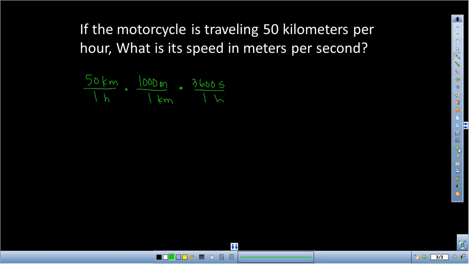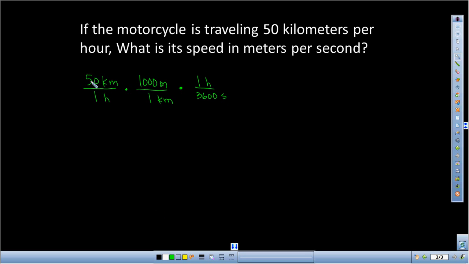Oh, I've got that backwards. Let's just back that up there and write that conversion factor as 1 hour in 3,600 seconds. And you'll see why I wrote the conversion factor in this way as we do our multiplication.